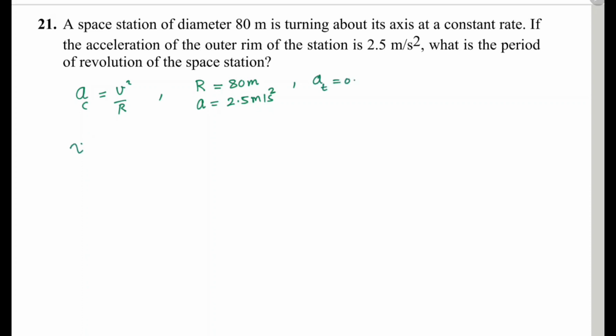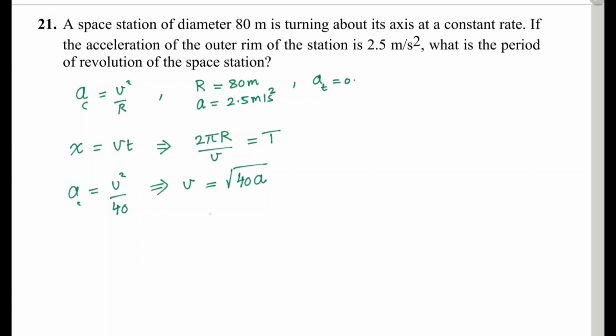So x here equals vt, and in this case 2 pi r, this is x, divided by v, is the period T. So a central equals v squared over 40, and v in this case equals the square root of 40a, and v equals the square root of 40 times 2.5, or 10 meters per second.